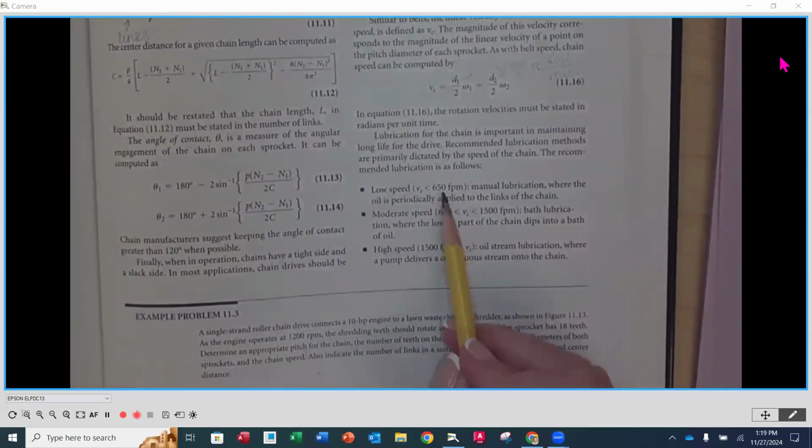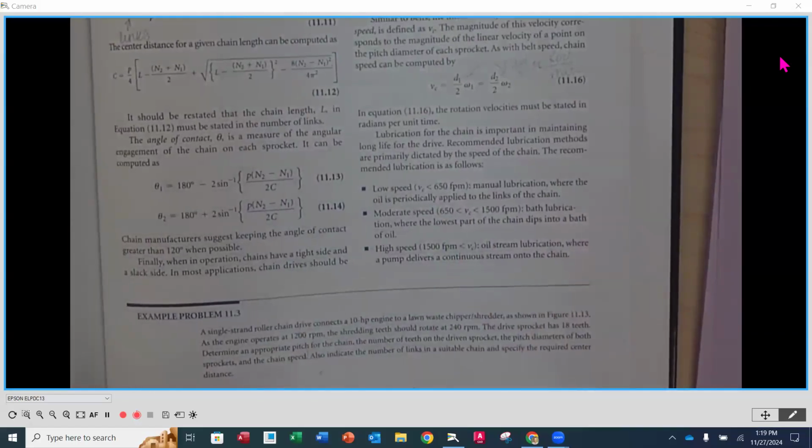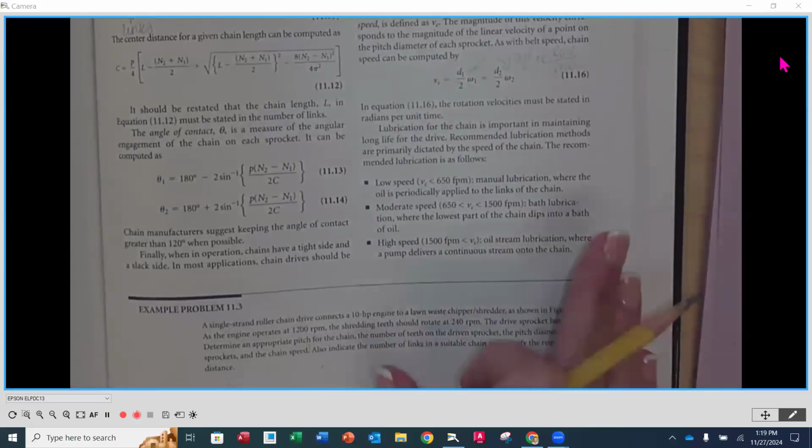So in this case, we're at 904, so we're not a low speed, we're a moderate speed. So in our design, we would have to already be thinking about a bath lubrication designed in there so that as this rotates, it's always lubricated on a regular basis, just because of the speed that it's going to be going. So that's why we are interested in that number.